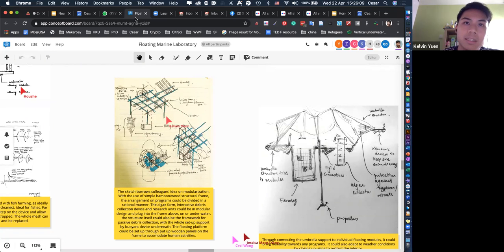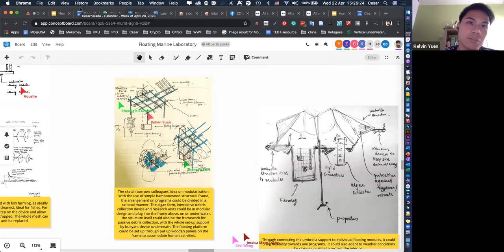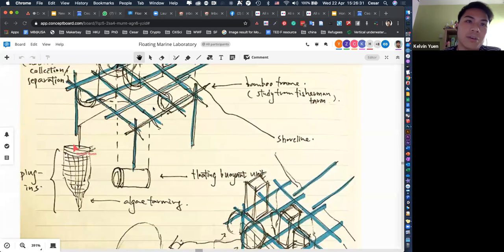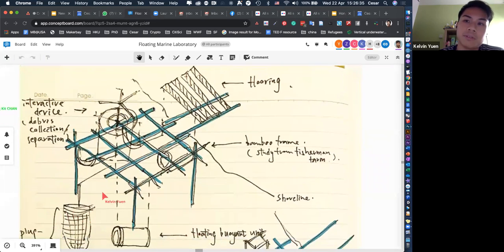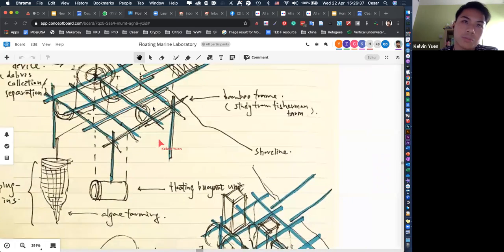So basically, if we apply a grid structure here, the void in between could become the plug-in for those devices, and we could alter the size of the grid so that we could insert different parts like the algae farming, maybe, or the interactive devices, the seeding devices from other colleagues.